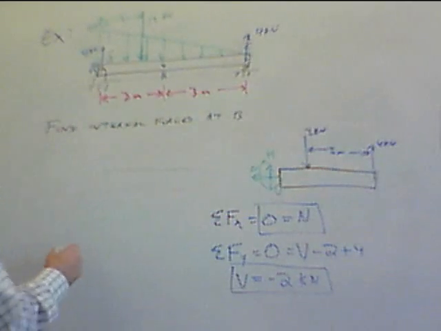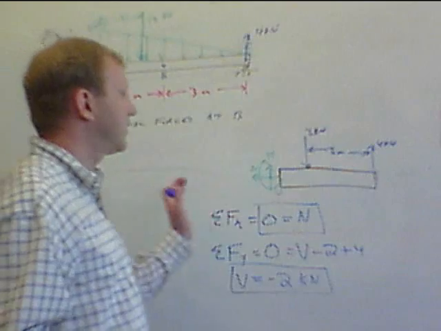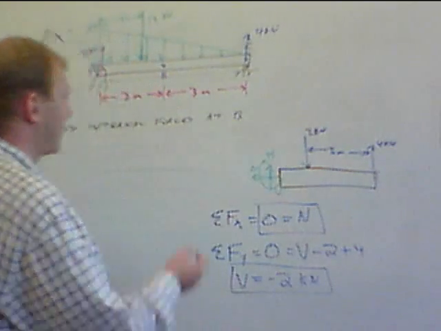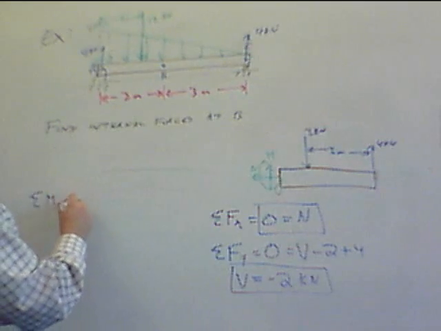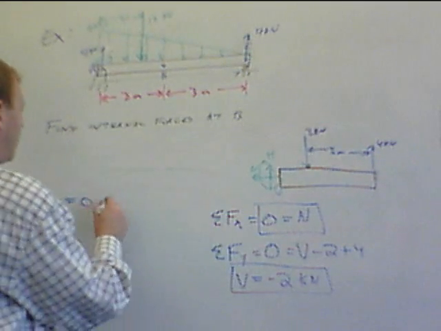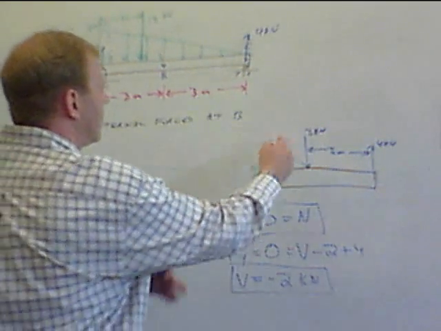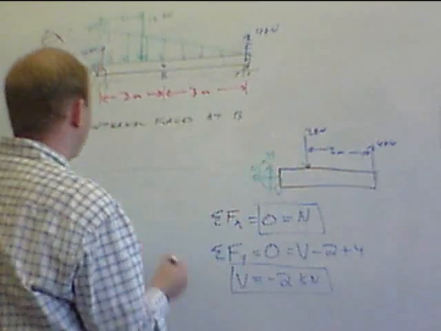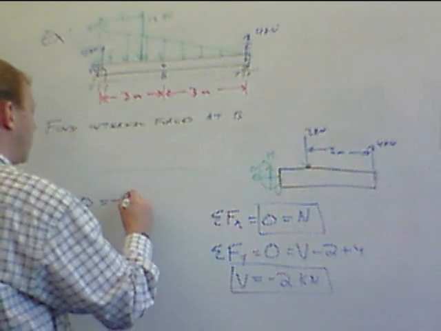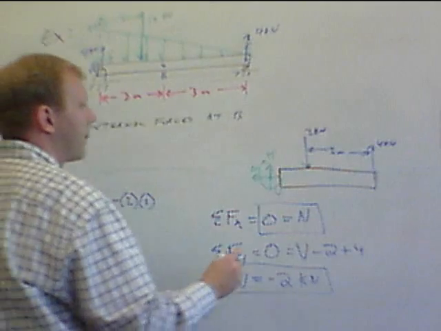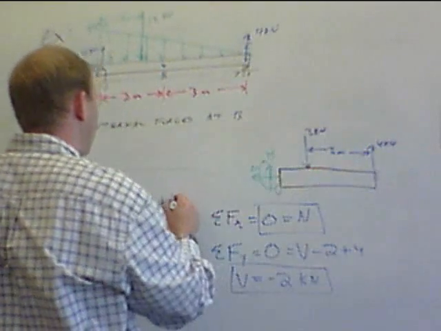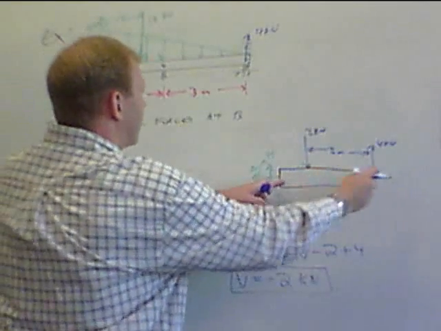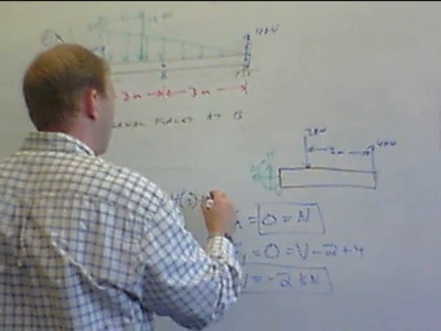And then I'm going to do summation of moment. It doesn't matter which of the 3 points. I'll take summation of moment about B equals 0. That equals 2 kilonewtons, that's counterclockwise, times 1 meter, plus the counterclockwise 4 times the total distance here, which is 3 meters.